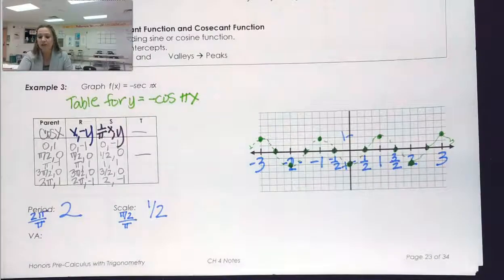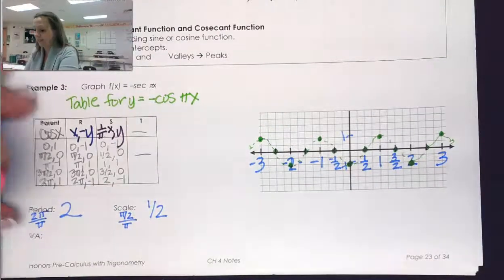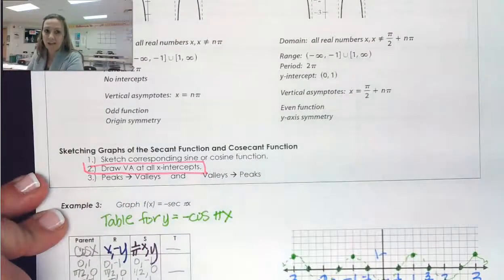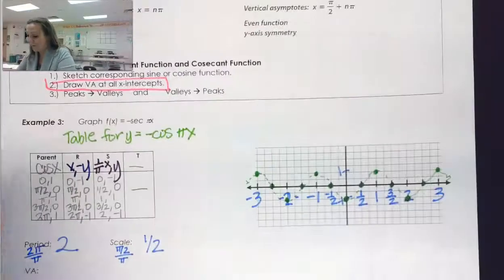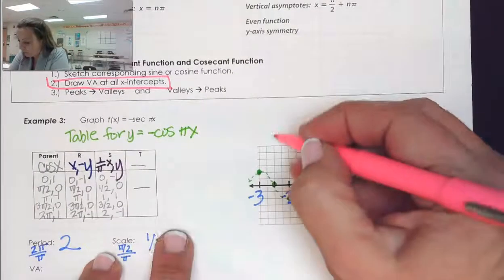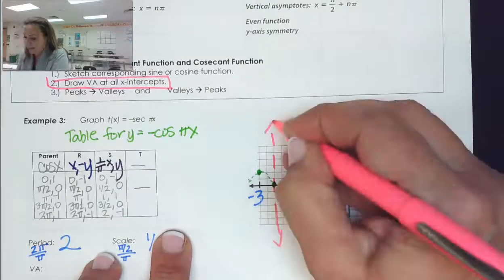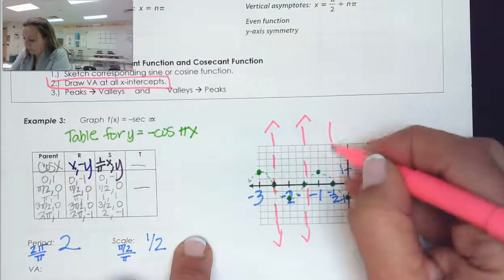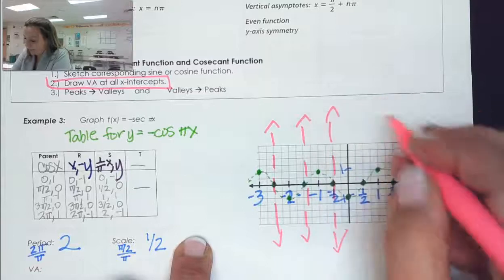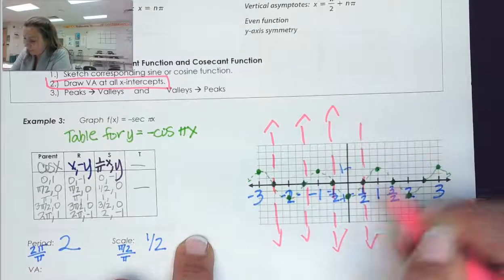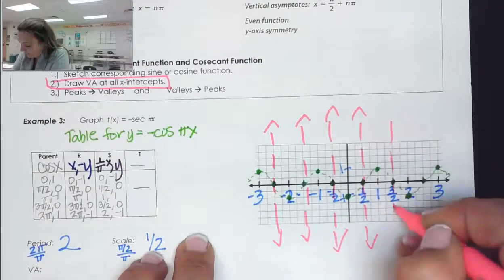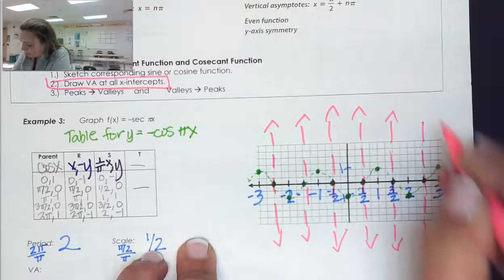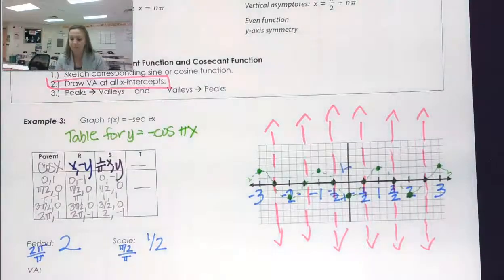But now what you're going to do, and this is the important piece here, is that you're going to draw vertical asymptotes at all x-intercepts. So at every x-intercept, you are going to draw an asymptote, because you can't take the reciprocal of 0.